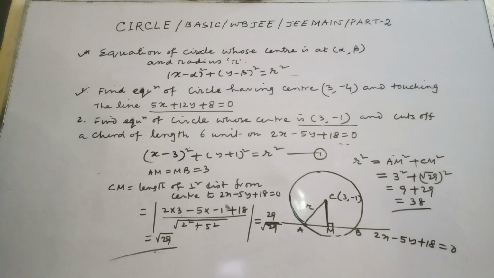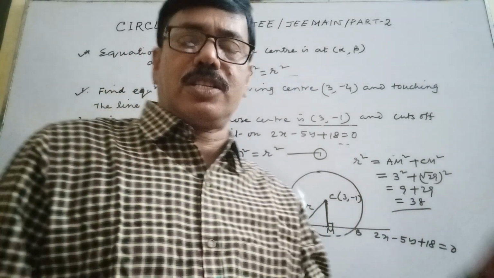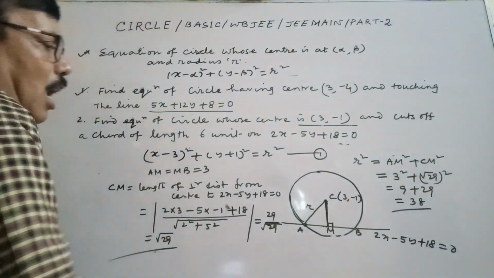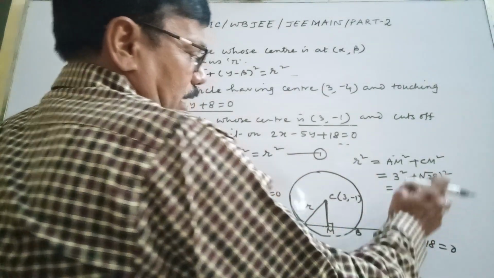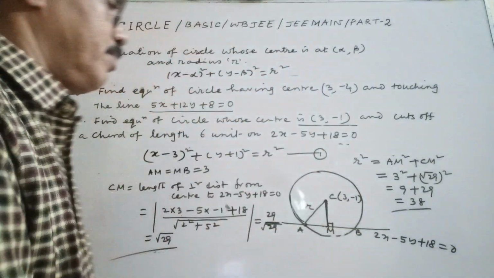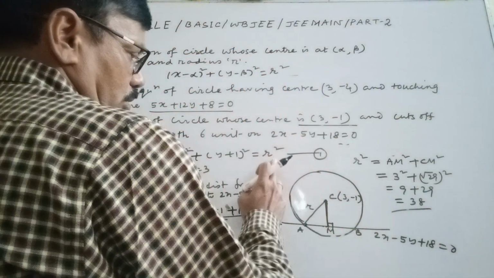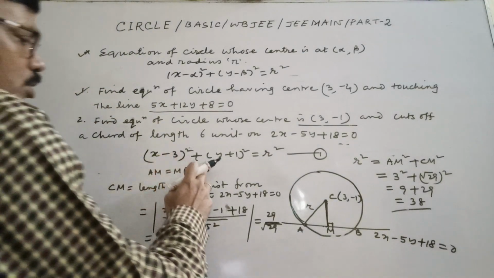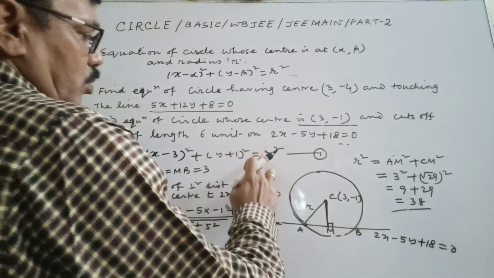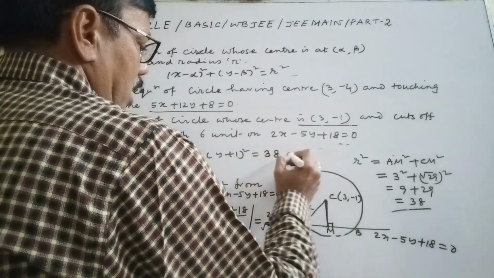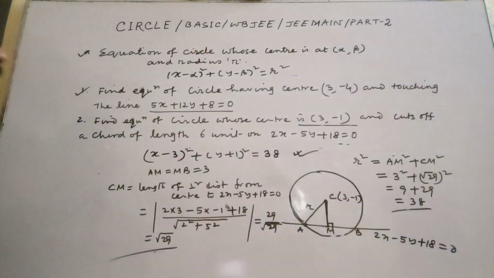Now we need r square. So r square is 38. One unknown, that is r square. So what will be the equation? (x minus 3) whole square plus (y plus 1) whole square equals to r square. What is r square? r square equals to 38.